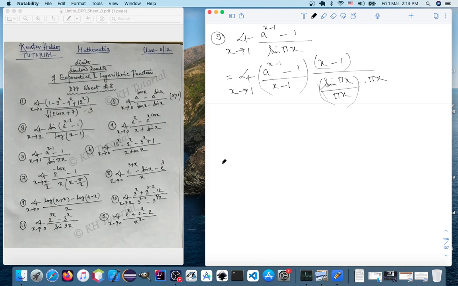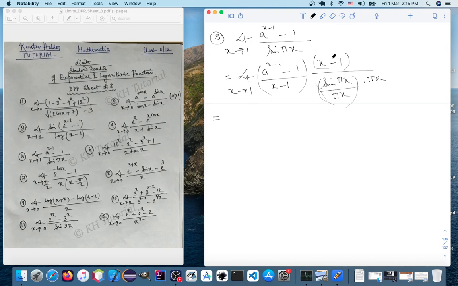One by pi minus... this whole thing becomes log e a into... no, we have to first simplify.